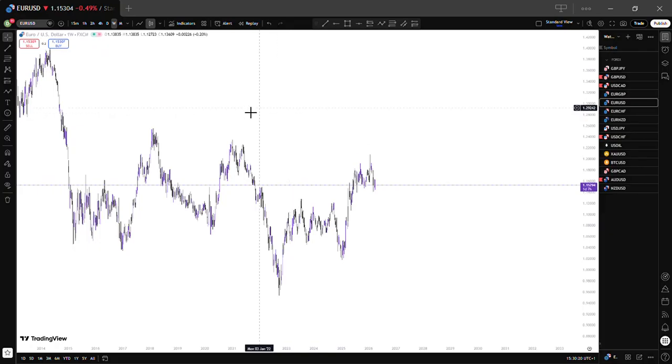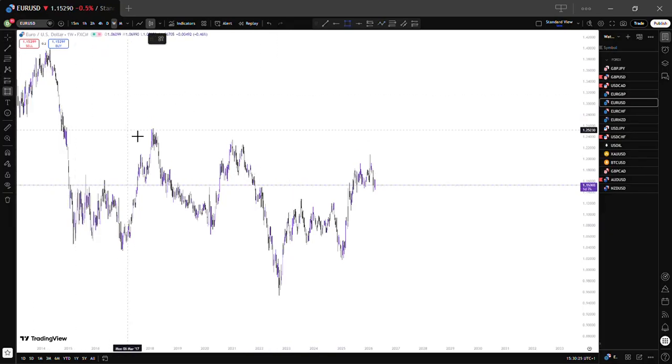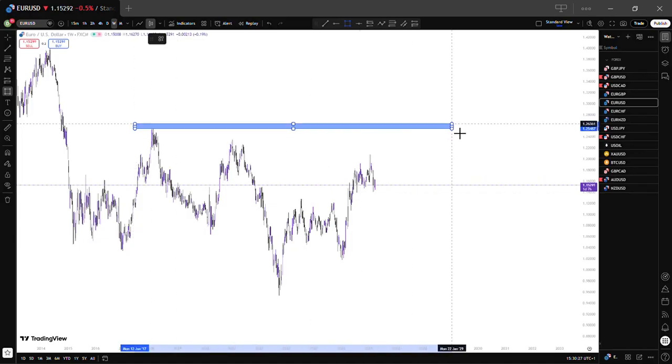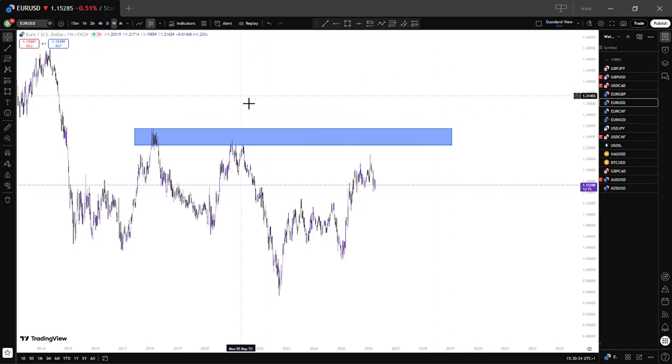So on the weekly time frame, there are zones we'll be looking out for, paying attention to. And this happens to be one of them, right? So this is a zone we'll be paying attention to on the weekly time frame on Euro USD.